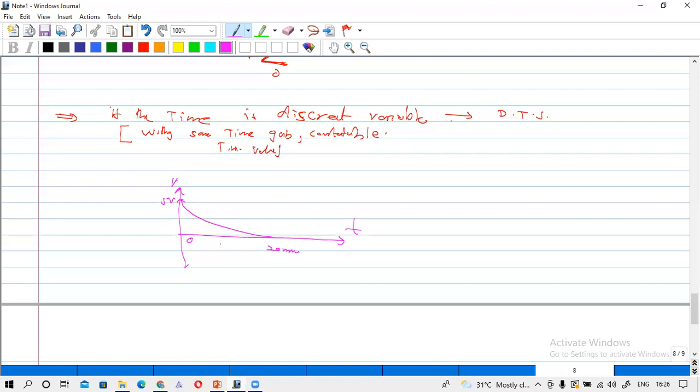This is 5 volt going to 0, the battery is reducing. This is the practical situation. The voltage is reducing continuously.